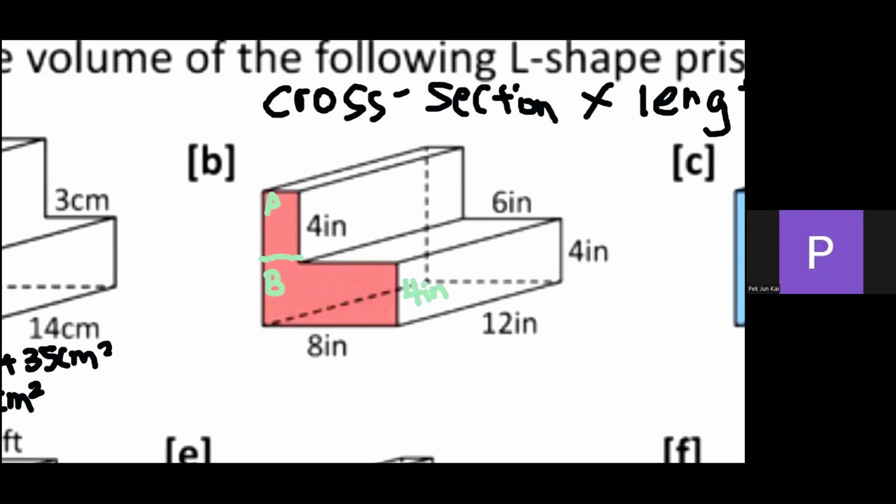It would be 4 inches since it is 4 inches here. So the area for part B would be 32 inches square.